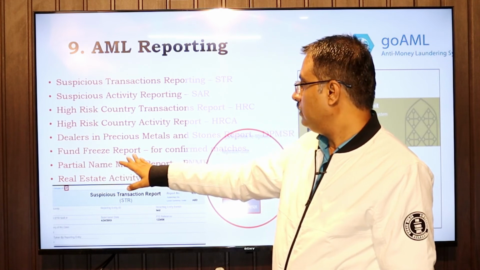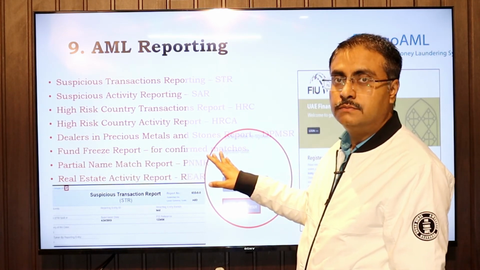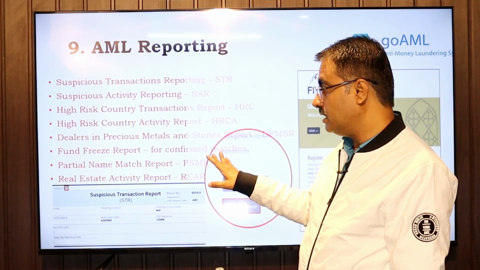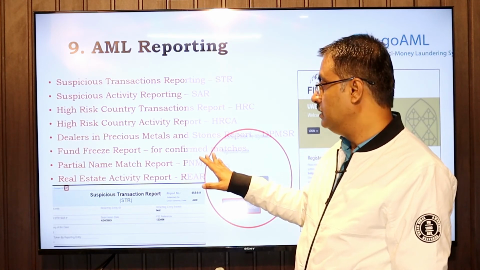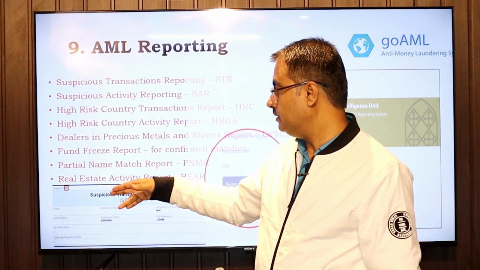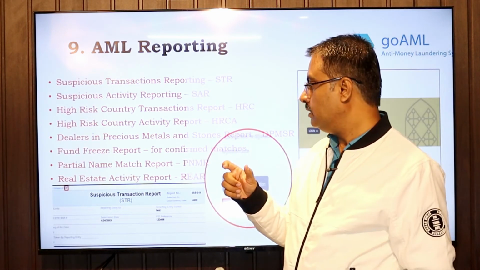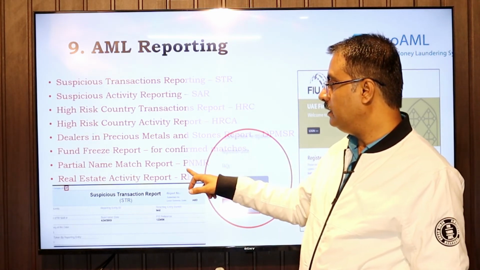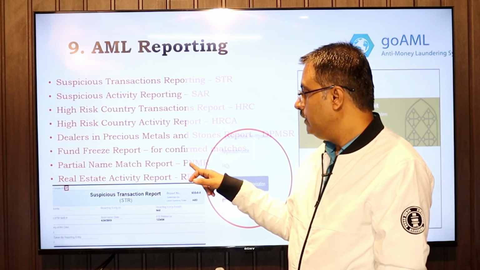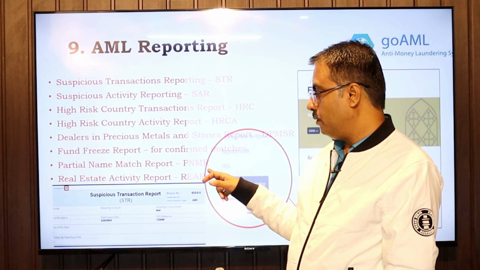Fund freeze report: once your transaction is triggered and a confirmed match with a potential customer appears in the sanction list, you have to freeze the fund and even reject the transaction. If you find that a surname matches, in that case you will file a PNMR, partial name match report.